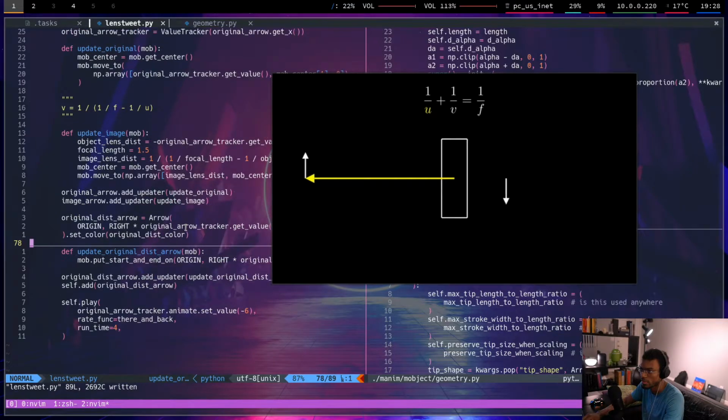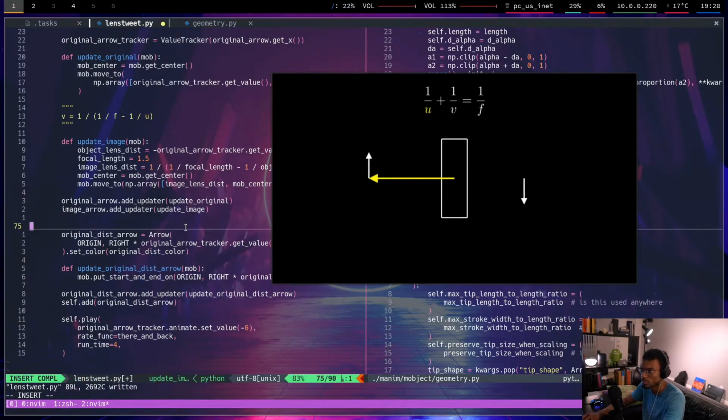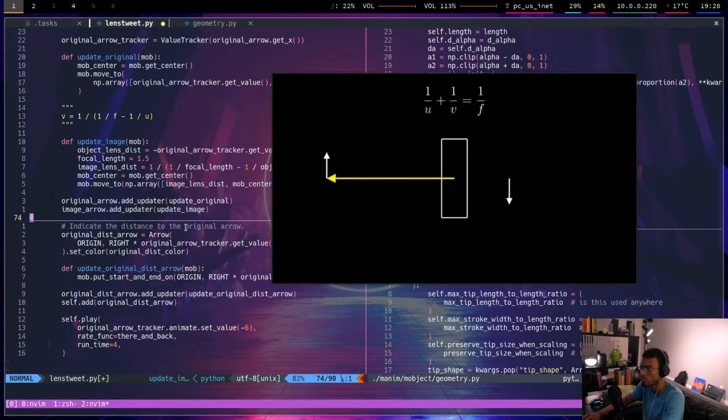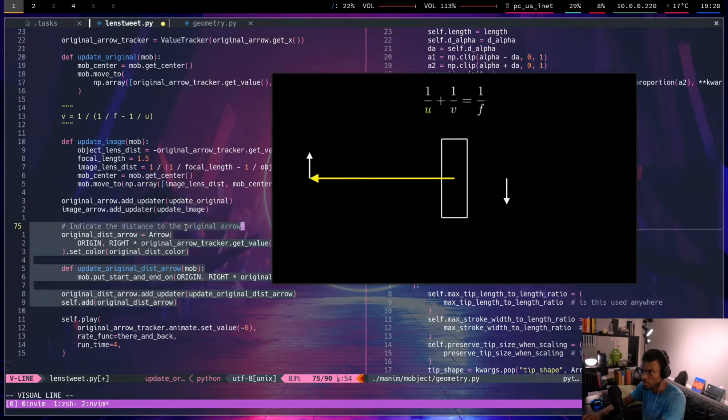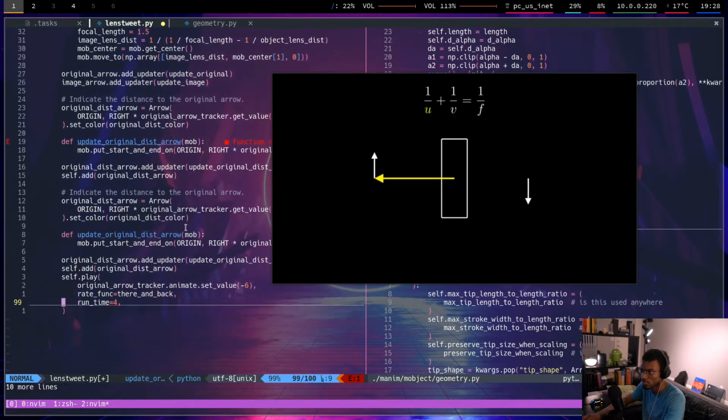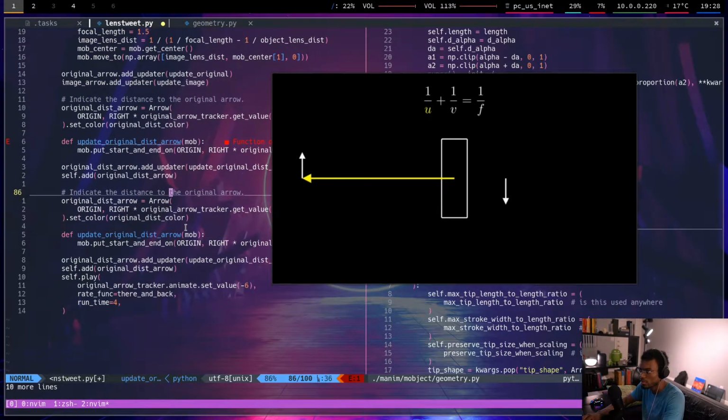Now, I have to add another one of these arrows. I'm going to do almost the same thing with the image.